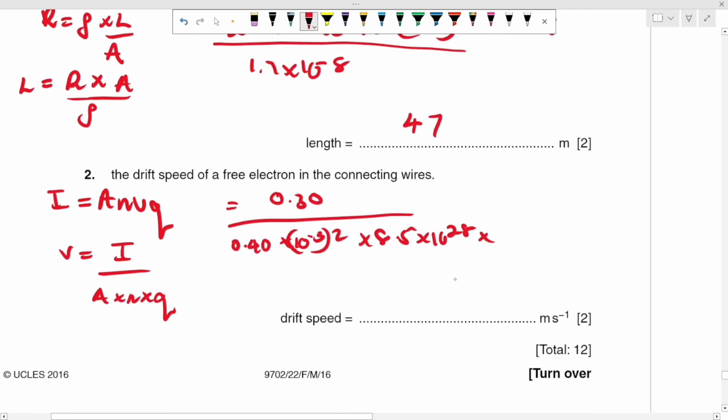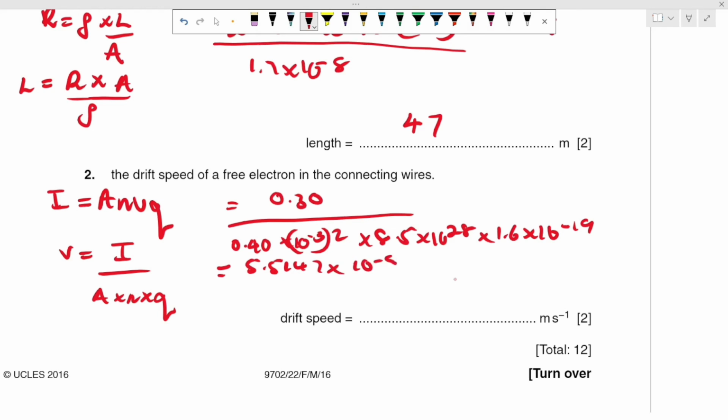My Q is 1.6 times 10 to the power of negative 19. So it means that my drift velocity will just be 5.5147 times 10 to the power of negative 5. So I will essentially get 5.5 times 10 to the power of negative 5 as my drift speed.